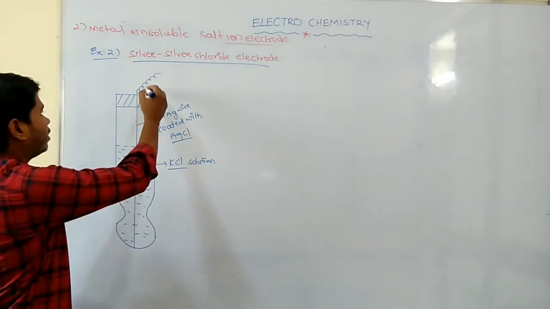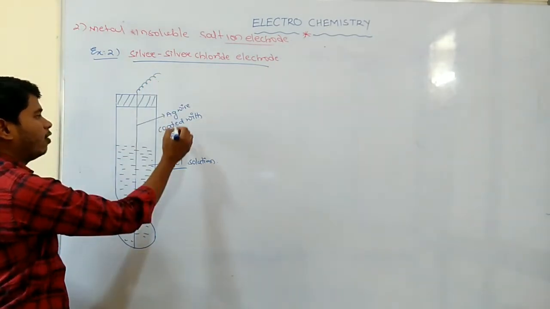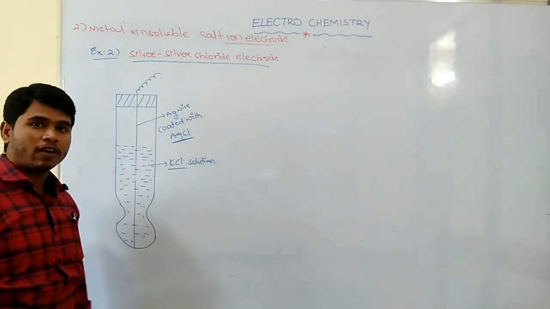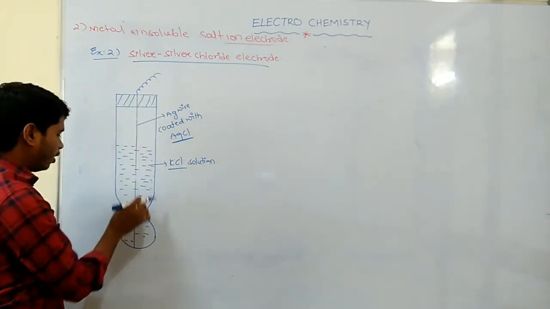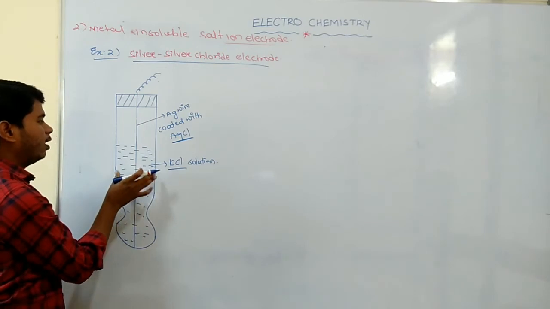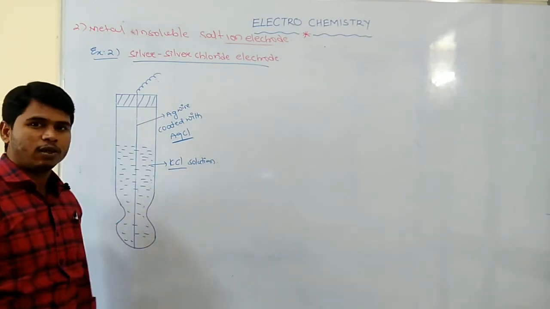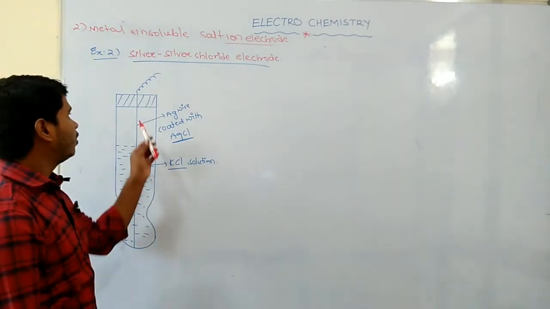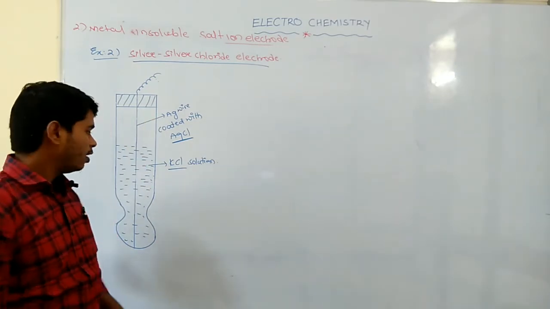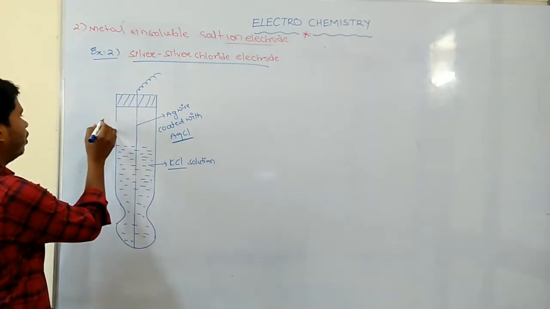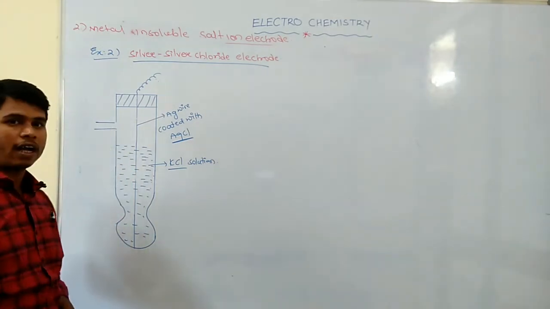Here the silver wire is coated with silver chloride paste, and the silver wire is dipped in a glass tube where the KCl solution is present, and the silver wire is used for the electrical contact. This is a simple construction of the silver chloride half cell.